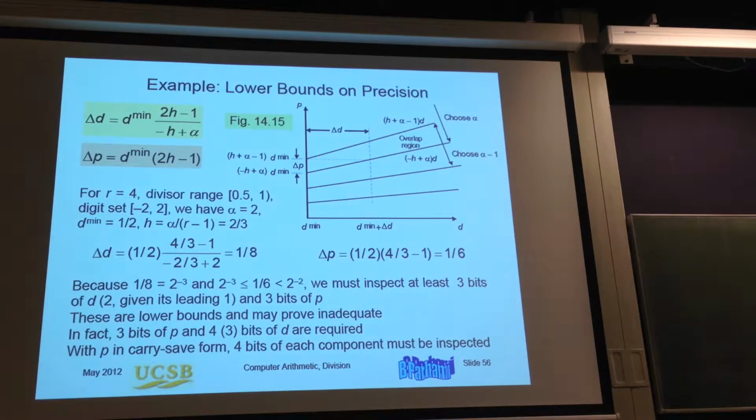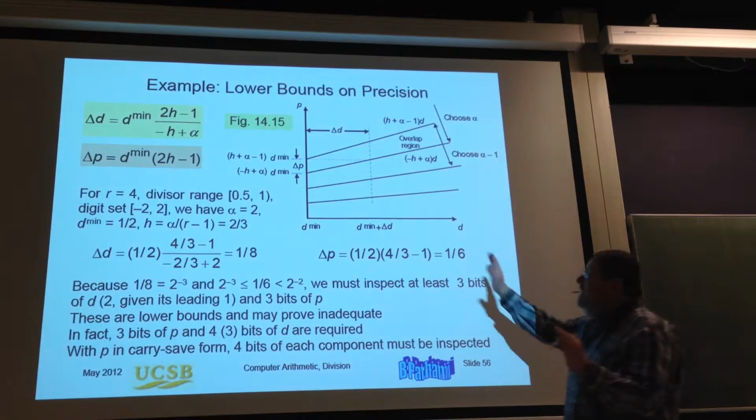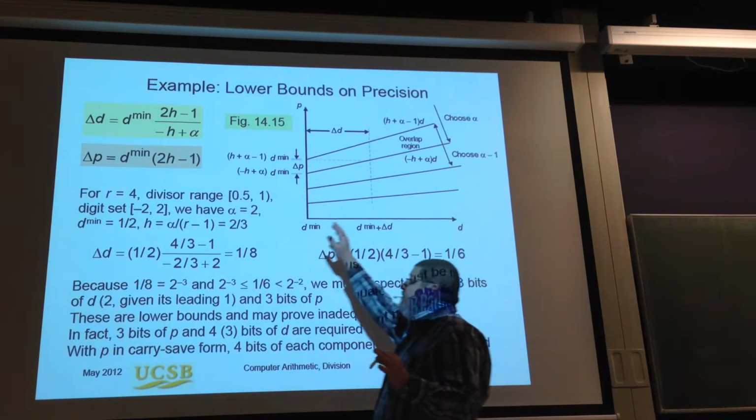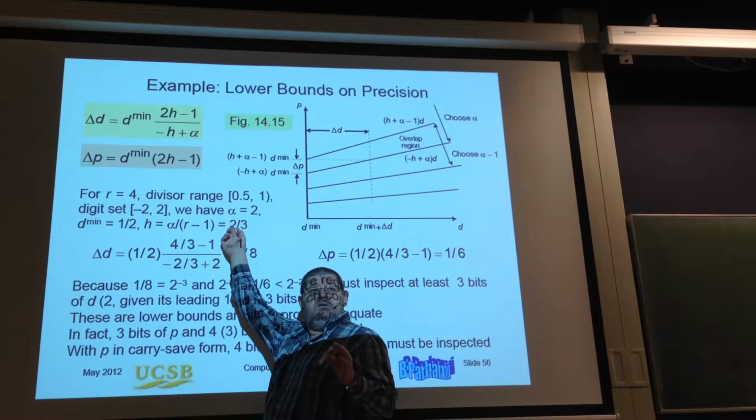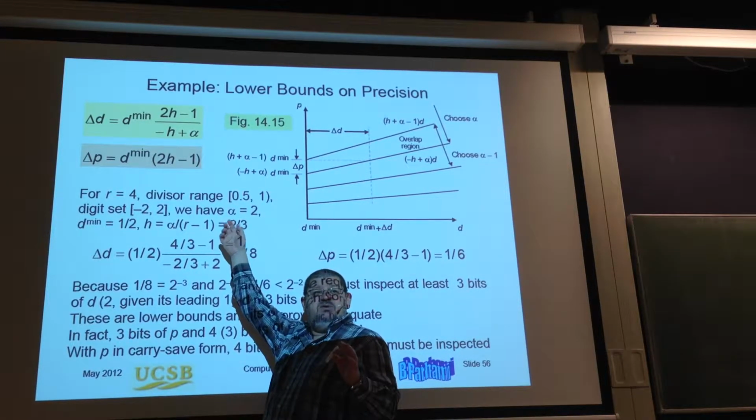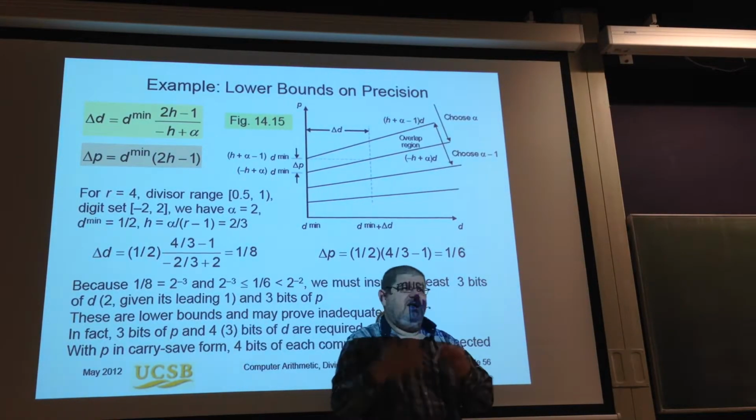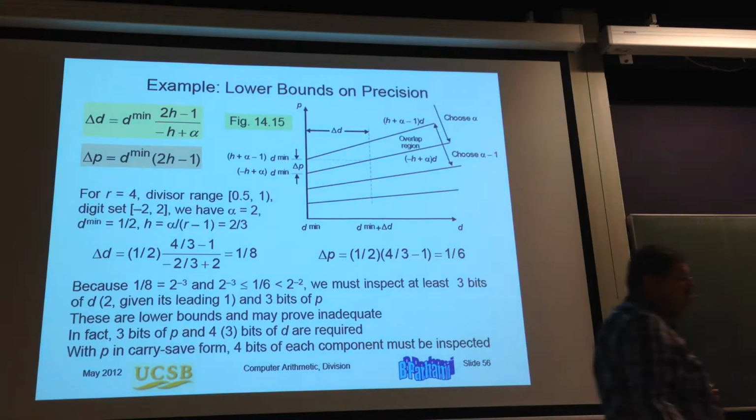Then again, in order to do something for division which makes sense, I have to know my dynamic range and the digit set. I cannot go with this exercise without specifying this. Because if I don't specify that, it's very general and I cannot do any kind of calculation.